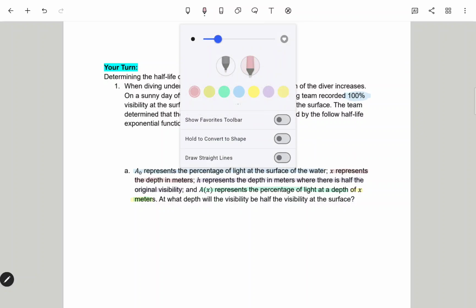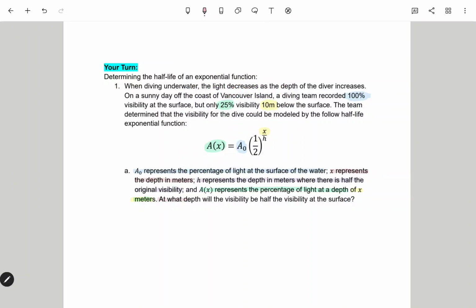And our last one, h, represents the depth in meters where there is half the original visibility. And our question is asking, at what depth will the visibility of the surface be half? So that means we have a naught equal 100%, a of x equals 25%, x equals 10, and my h is what I'm solving for.